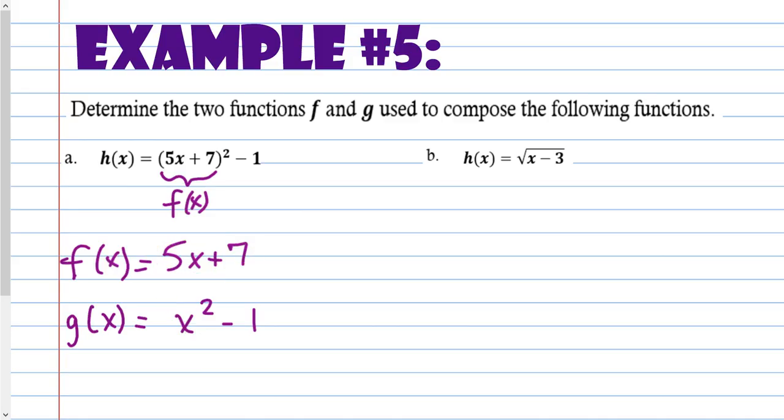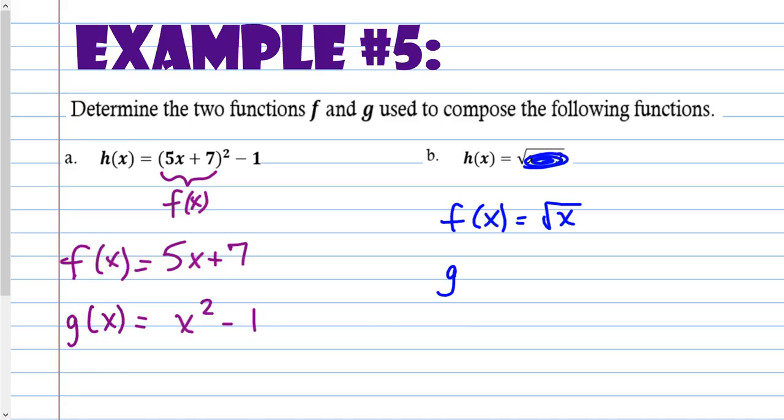All right, B, h of x equals the square root of x minus 3. Just like parentheses are an indicator that this is a function inside of a function, a square root can also be, because under the square root we have 2 terms, an x minus a 3. So you could think of this x minus 3, and I've decided that f of x is just the square root of x.